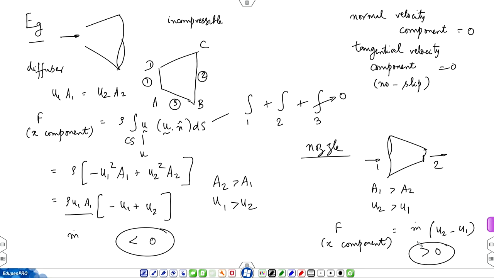So, I think you can almost expect that equal and opposite will act on the solid surface, which is sometimes called a propulsive thrust. Nozzle is often used to propel. Suppose you are sitting on the nozzle, you will be set into motion because of that unbalanced force, sometimes called the propulsive thrust.